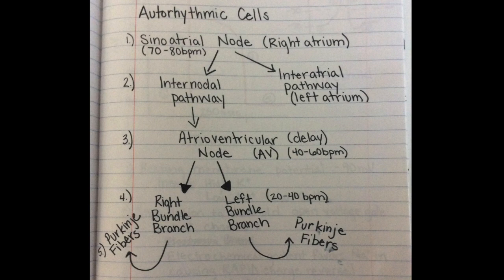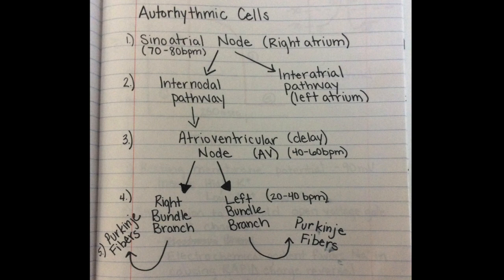These bundle branches allow action potentials to rapidly and evenly spread between the left and right ventricles. The right bundle branch and left bundle branch connect to the Purkinje fibers, which wrap around the apex of the heart back up towards the atrium. This allows for contraction to force the blood upwards to the semilunar valves.